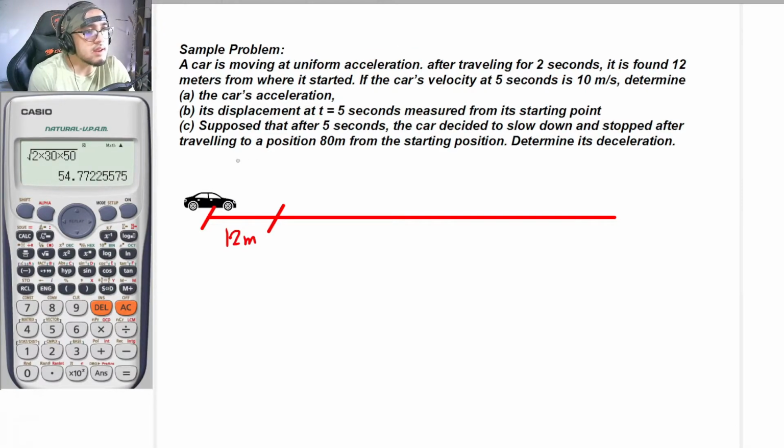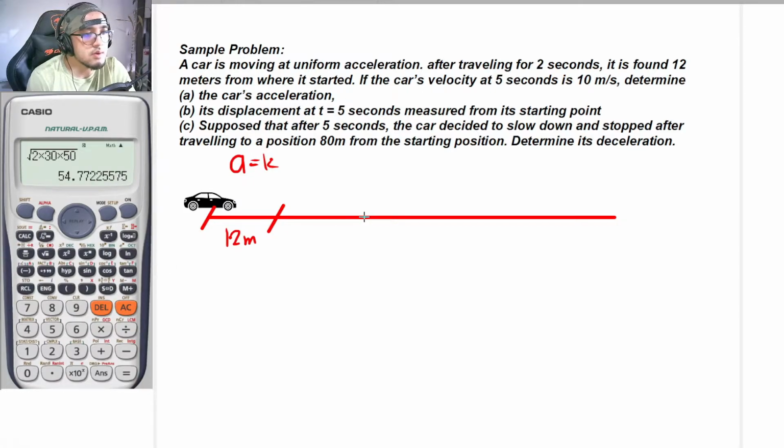Since it is said in the problem that the car is moving at uniform acceleration, it means that its acceleration is constant throughout. So its acceleration here is the same as after passing through this point. It is also said that the car's velocity at 5 seconds is 10 meters per second.